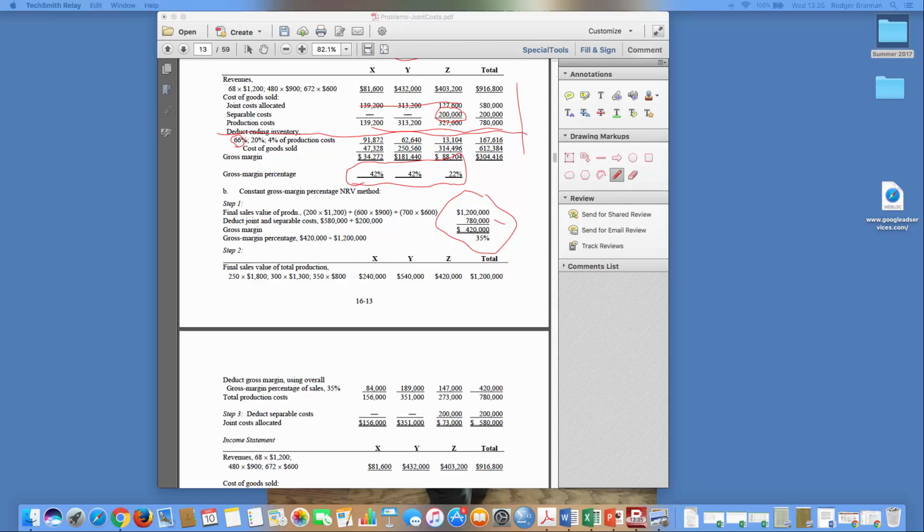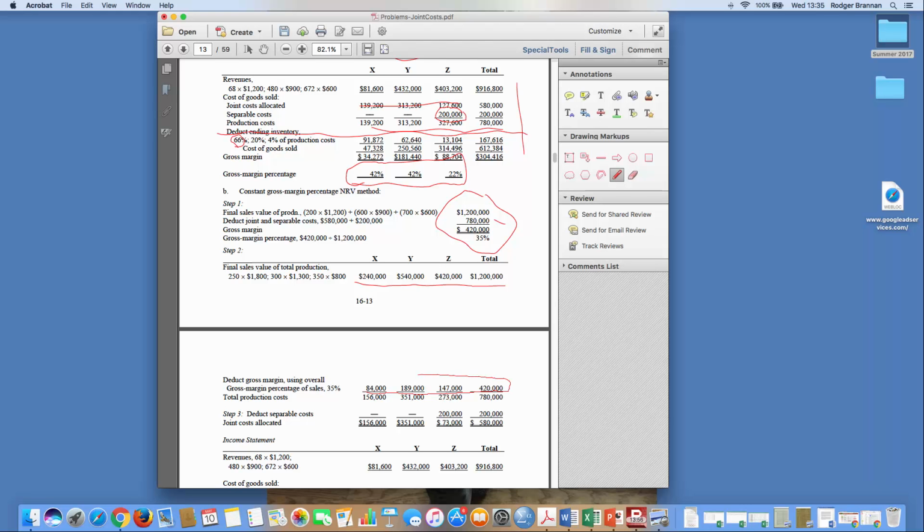All right, well, the constant gross margin method is really a process of elimination. So I want to start, first of all, with my sales. What are the total revenues, sales, whatever, that I could potentially generate from each product? And then the first step is to, if you will, skim off the guaranteed gross margin.